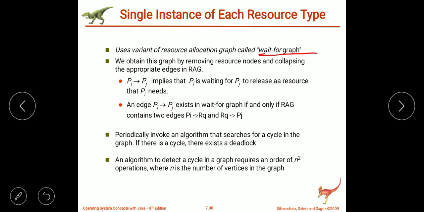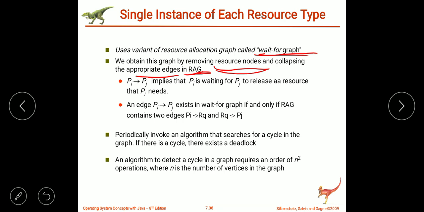This graph can be obtained by removing resource nodes and corresponding resource edges. If we remove resource nodes and appropriate edges in the resource allocation graph, then we would get the wait for graph. So basically the wait for graph is a version of the resource allocation graph.